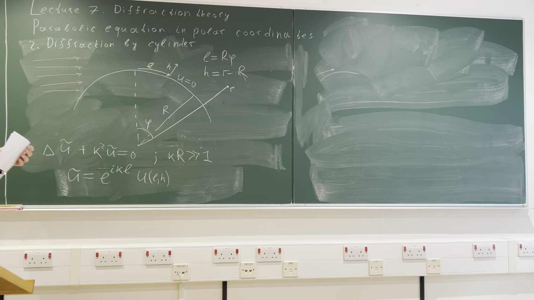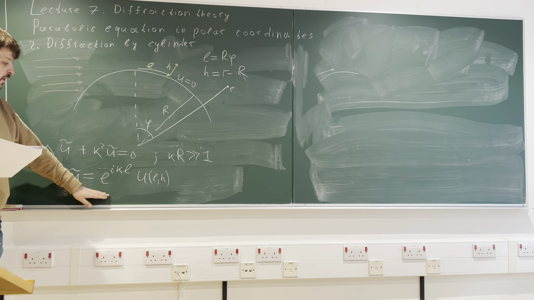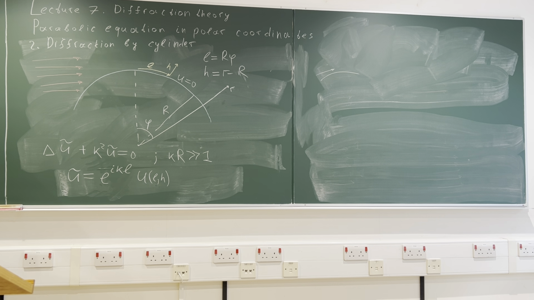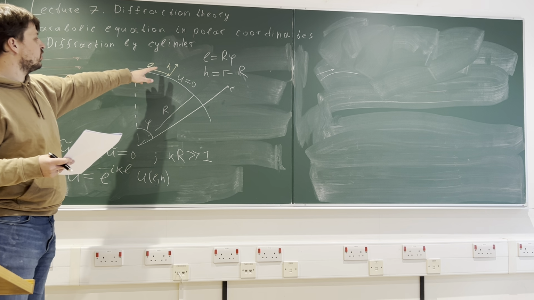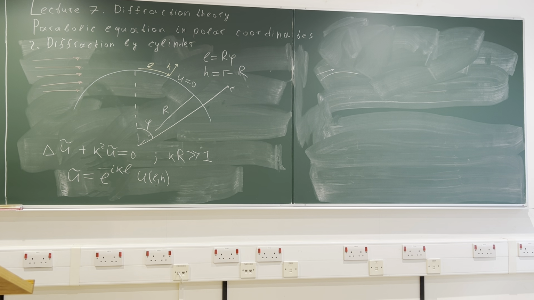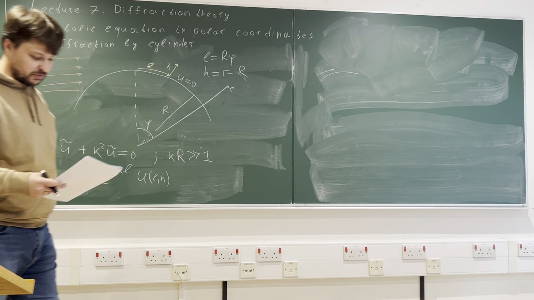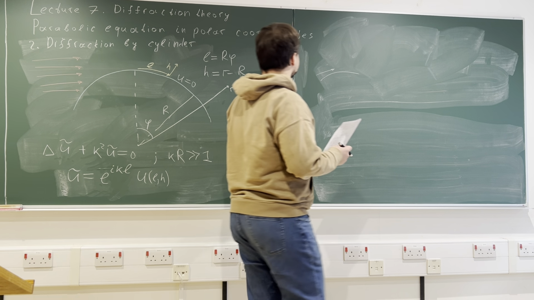So, okay, let's repeat the procedure from the previous lecture, but now for this substitution. So first, let's do a change of variables for Helmholtz's equation. Just rewrite this equation in the new coordinate system.